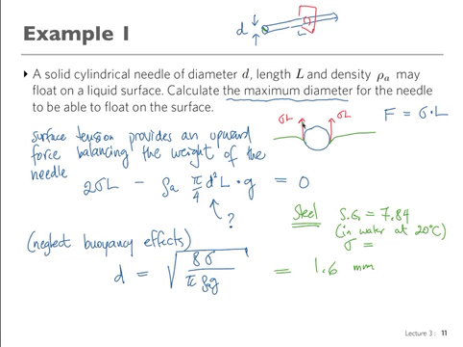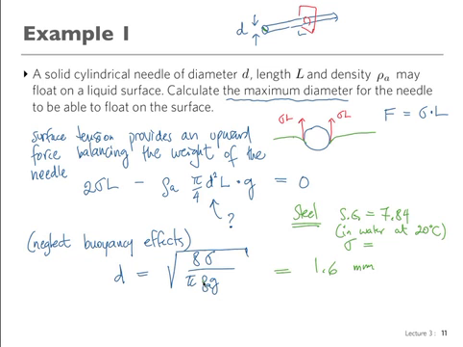I'm considering this to point upwards. I haven't thought about any situation of angles, but if it was pointing at an angle, you can see that the horizontal components would cancel out. So anyway, the vertical component is what matters. I haven't said anything about the angle of contact yet, but we'll discuss it a little bit later in the class today.